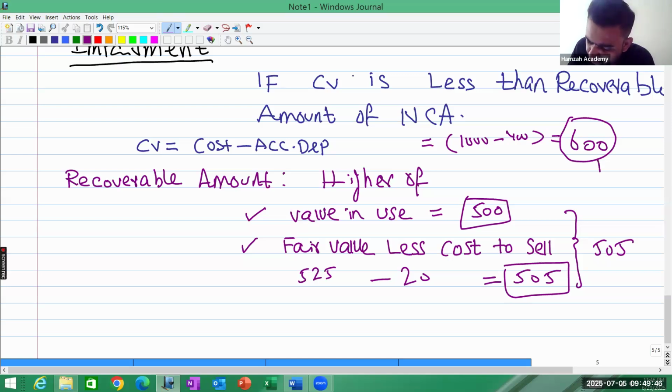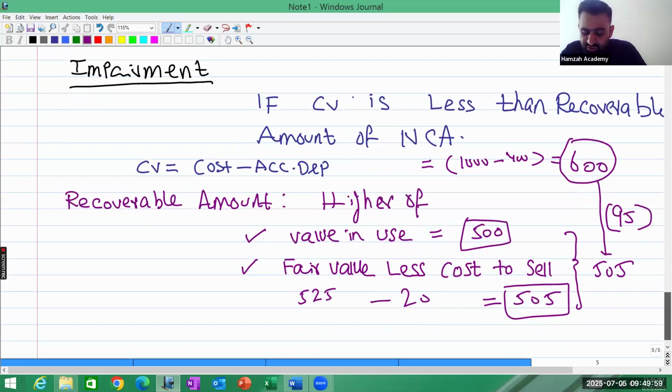So according to accounting, you have to record an impairment loss of 95. That is the definition of impairment.